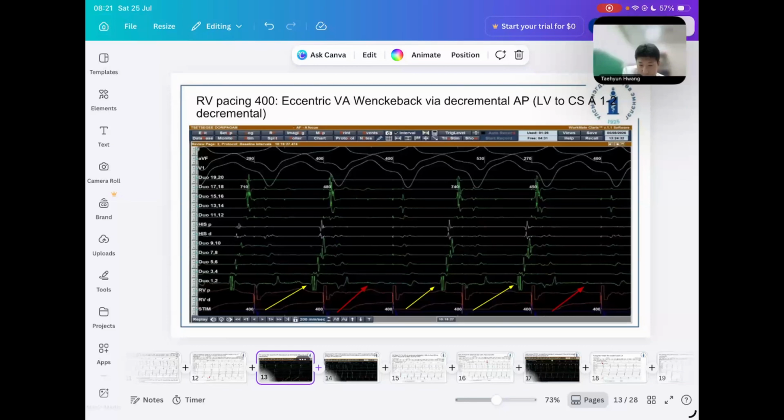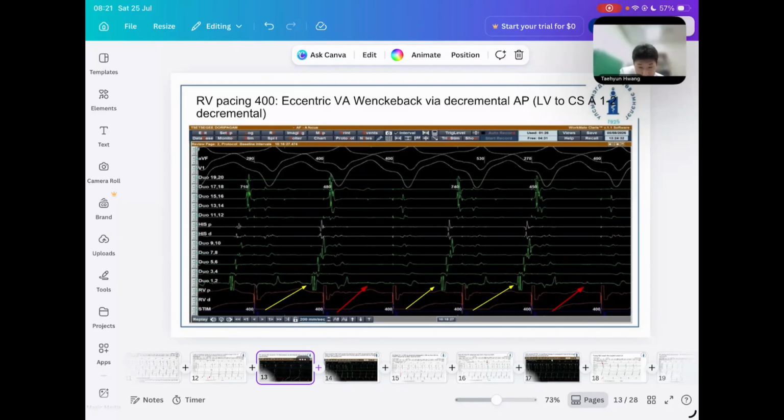So in here, when we pace the right ventricular, first the VA conduction, then we just got the Wenckebach. Then after that, the third beat, and the VA conduction is shorter than the third beat conduction. How can I explain?